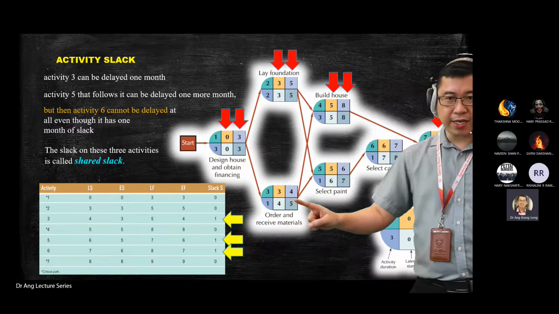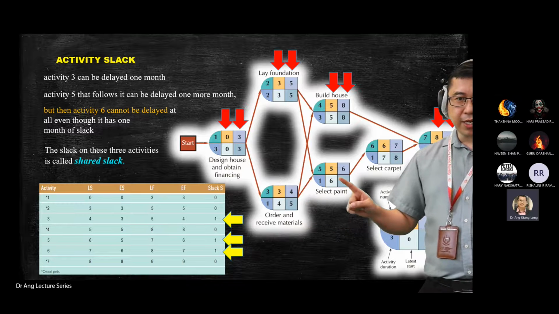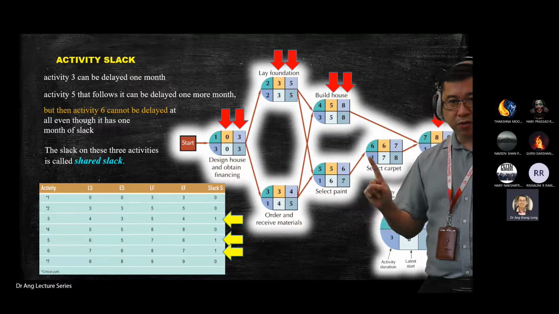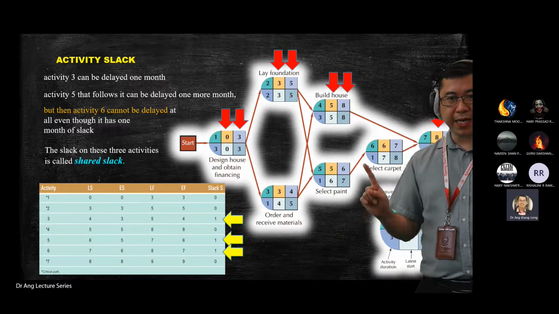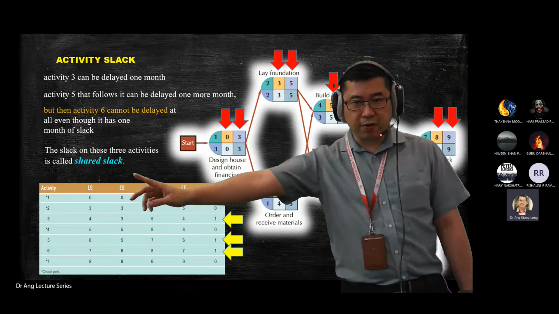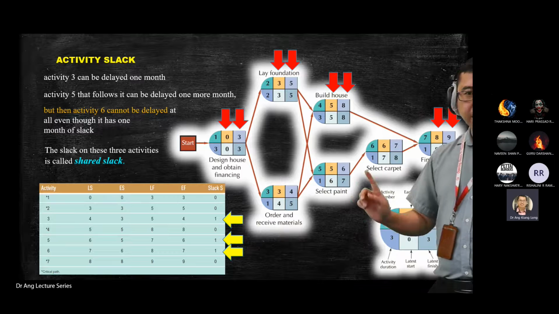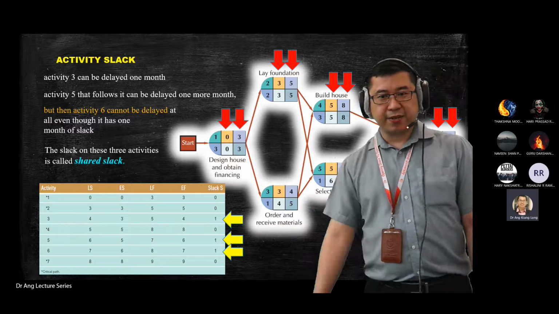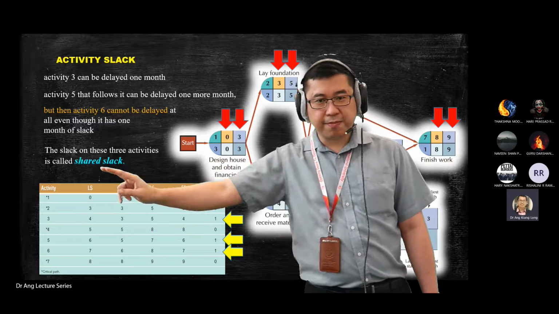Meaning if this one is delayed, this delay can transfer to this one and then to this one, because you see the arrows are linked together. The arrows must be linked so that they can be called shared slack. If the arrows do not link, they are not shared slack. They are just slack. So just look at the English name, then you know.